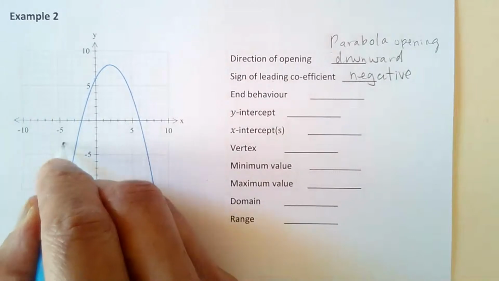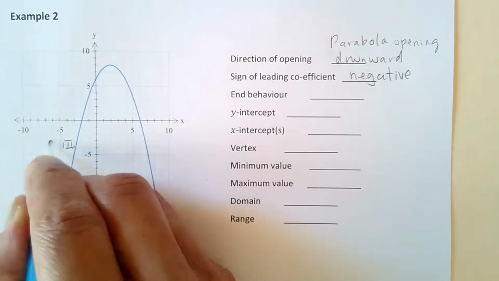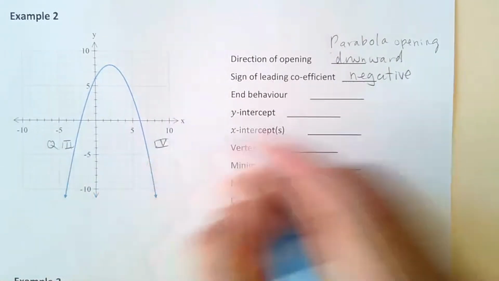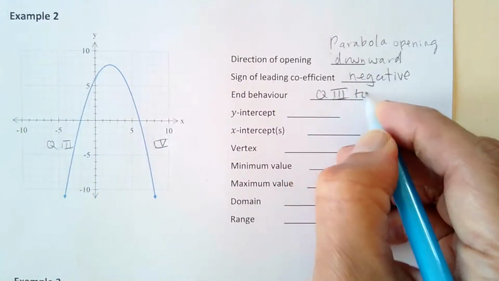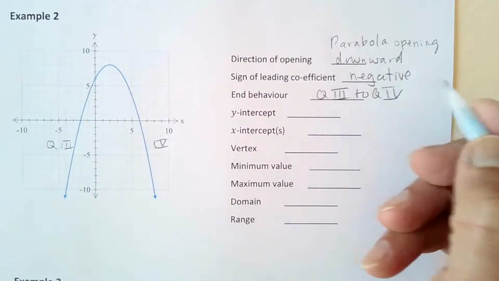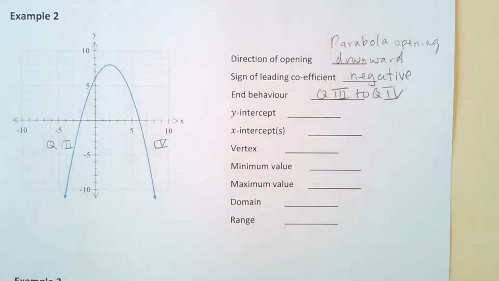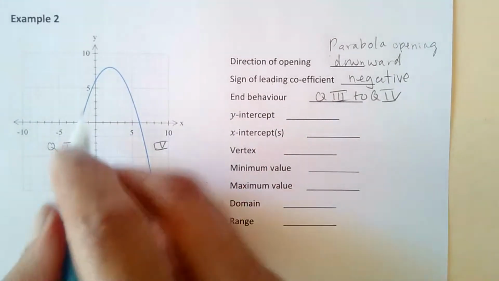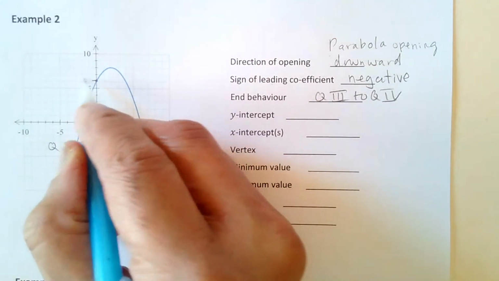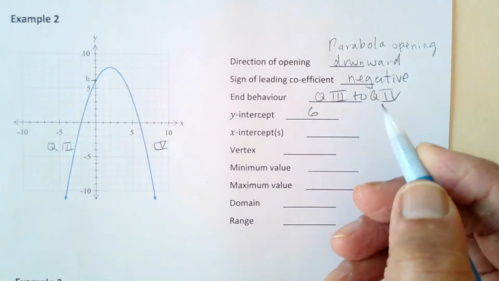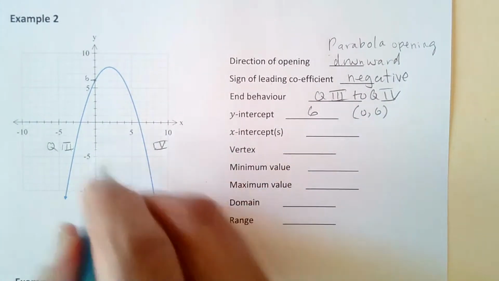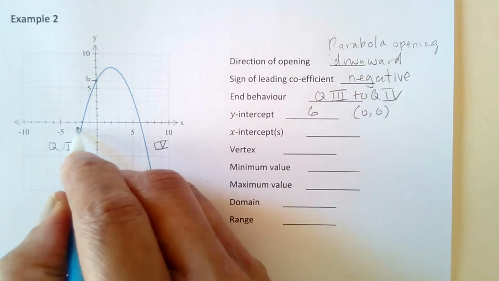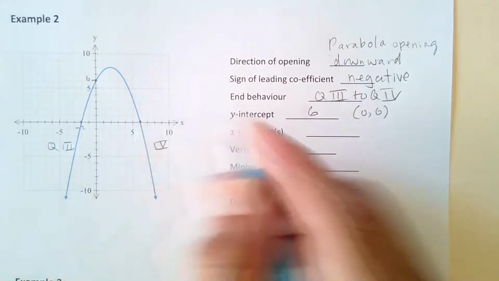The end behavior is from quadrant 3 to quadrant 4. The y-intercept would be 6 here. You can put your 0, 6. The x-intercepts are -2 and 6.